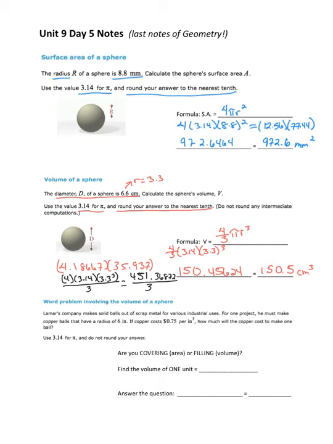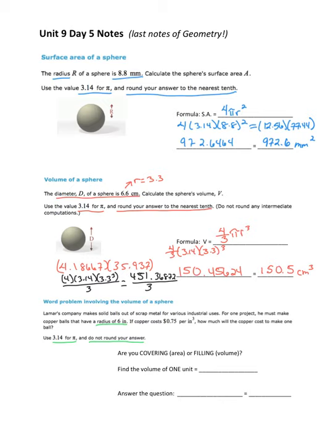Let's do the word problem involving volume of a sphere. You can draw a picture if you want to. He must make copper balls that have a radius of 6 inches. So you've got the r is 6, and 3.14 is pi. Do not round. How much copper does it cost to make 1 ball?